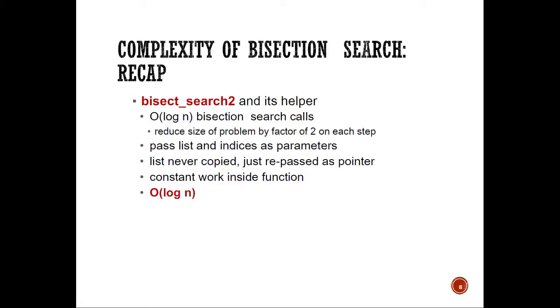So we've shown that this implementation of the bisection search algorithm has a complexity of log n because we would reduce the size of the list by half in each iteration.